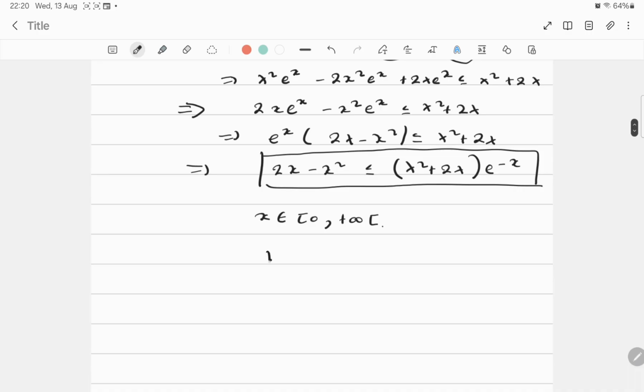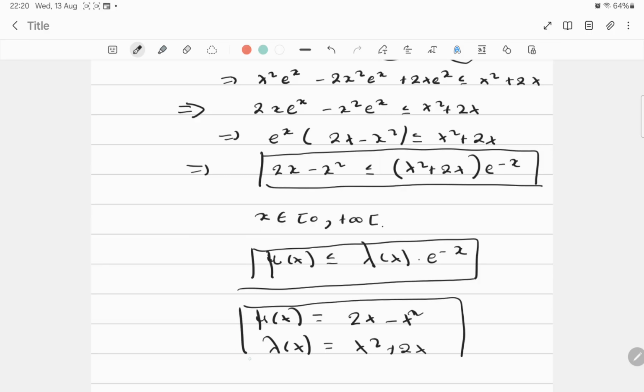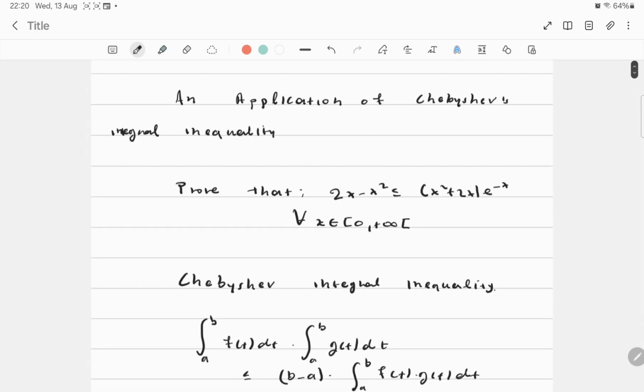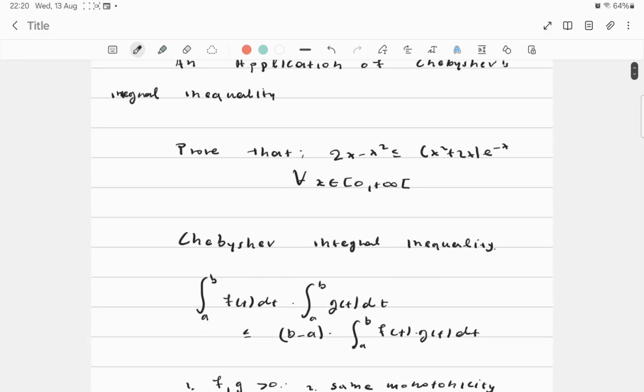So that's of the form mu of x is bounded by lambda of x times e to the minus x, where mu of x is 2x minus x squared, and lambda of x is x squared plus 2x. It's very useful. Chebyshev integral inequality is a very good inequality.